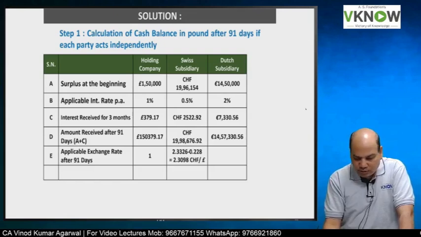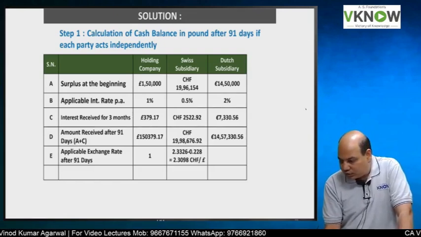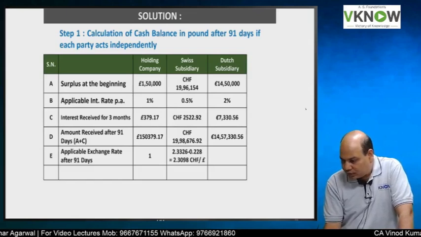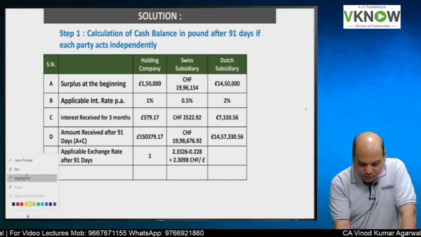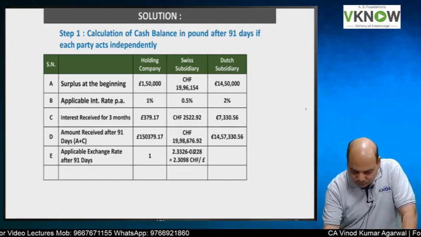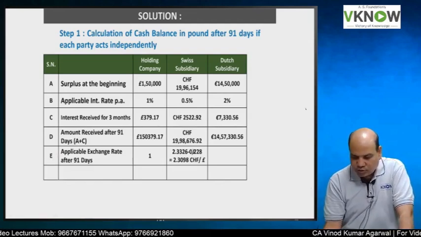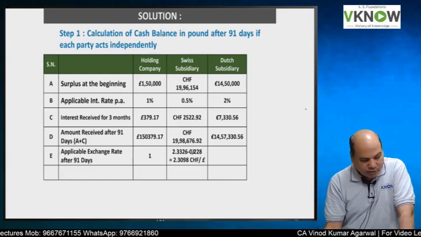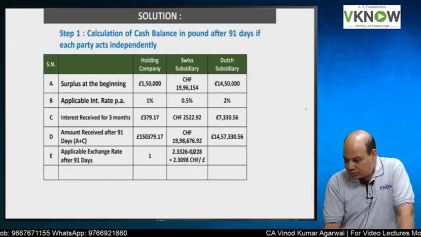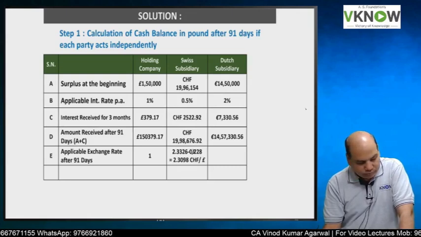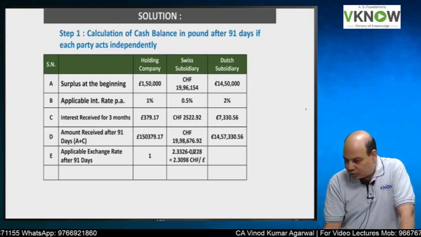So your answer would be 2.3098. Mehul is right. 2.3098 was the right answer. I have shown the calculation on the screen also. Please write the calculation. Later on you'll forget. Preeti is wrong. Preeti, you have to change your answer.